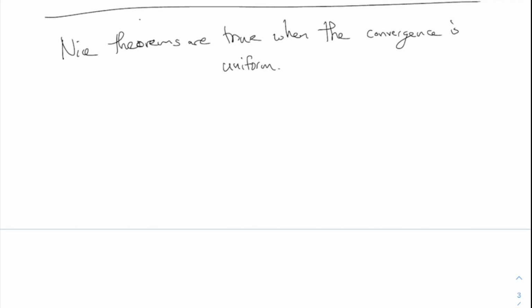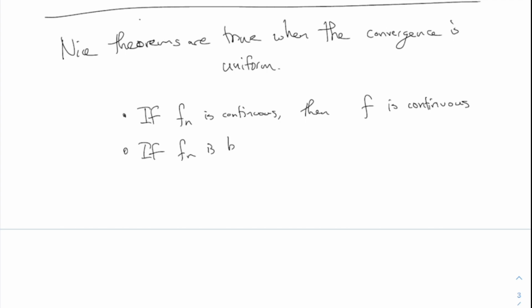For example, there's a theorem that says if Fn is continuous, then F is continuous. This is true, but only if the convergence is uniform. Or, here's another one. If Fn is bounded, then F is bounded.